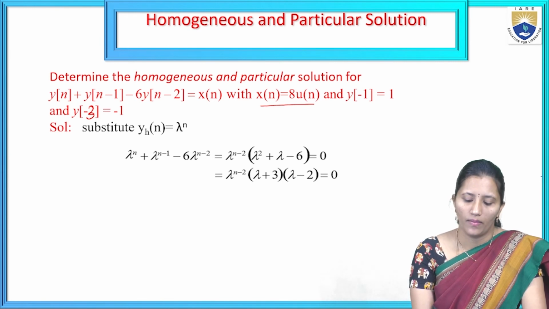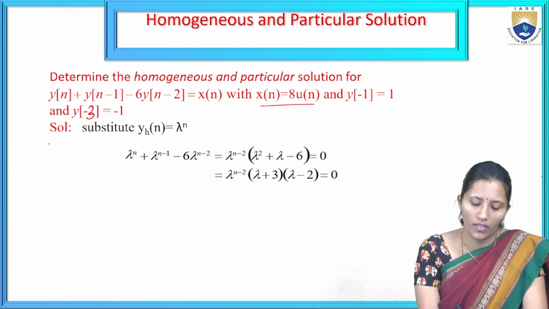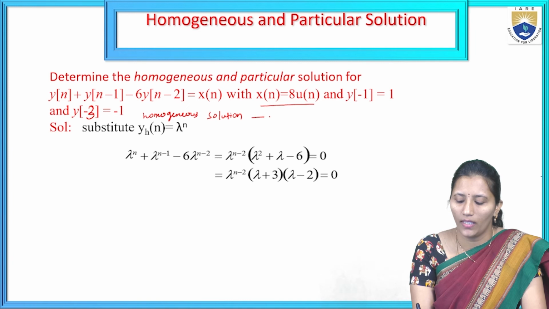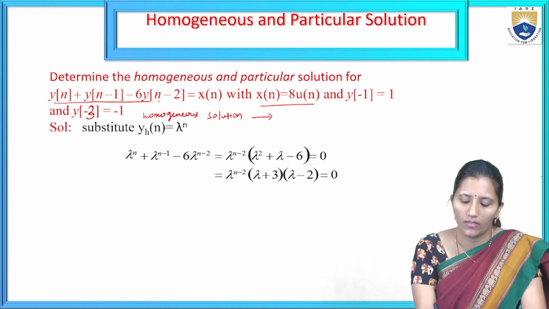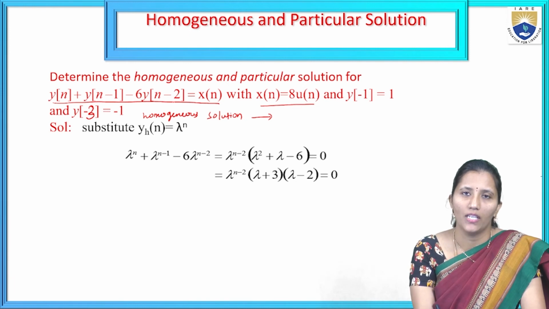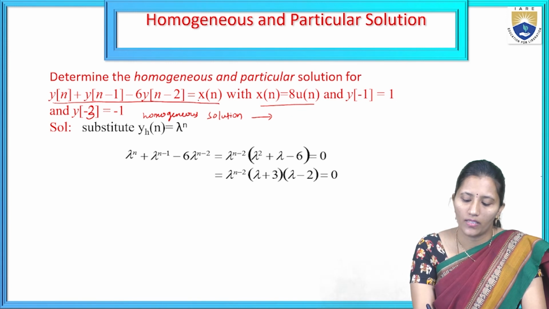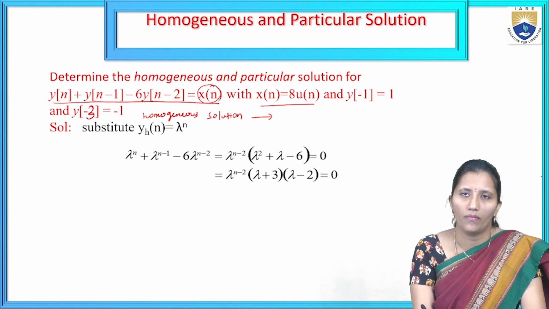So here, to find out the homogeneous solution, what we have to do? We have to take the input term equal to 0. This is the second order difference equation, equal to x of n. The input term is only x of n. We should make it equal to 0.